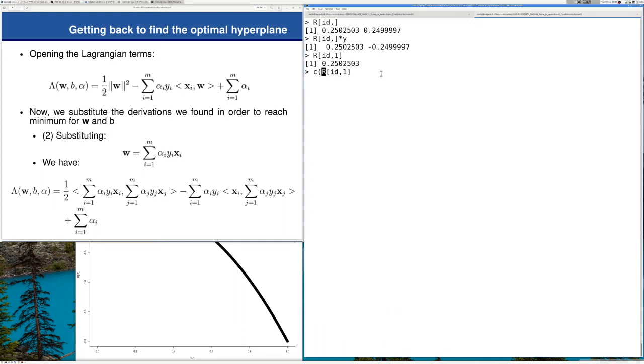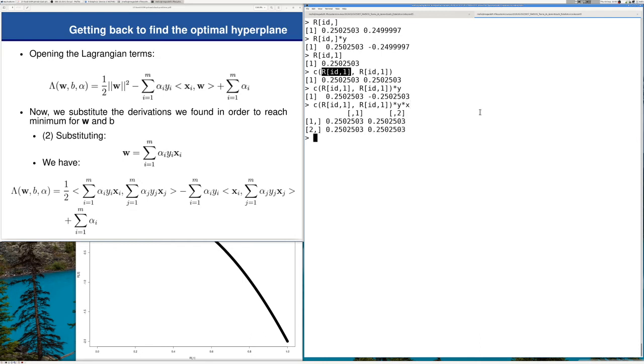Yeah, I need to repeat it once more. So we'll have the same value for alpha for both points in my space. Oh yeah, no, it's okay. So times y, that's okay. And that times what? X. Is that right? What is x? You guys remember? Okay, that's my first value.